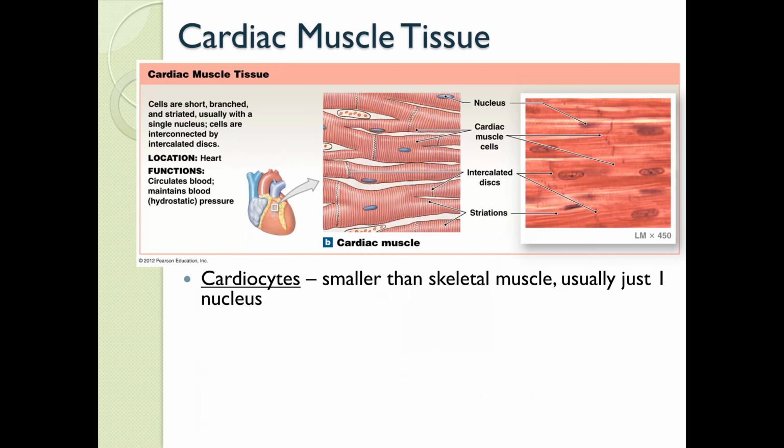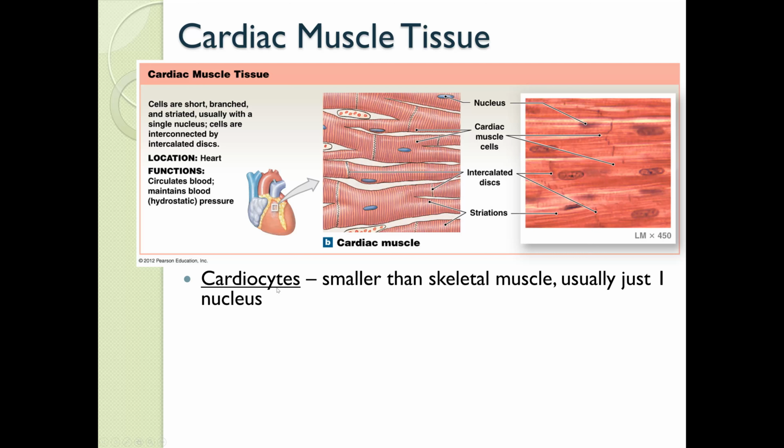The cells in cardiac muscle tissue are short, branched, and striated, and usually have a single nucleus. We're going to talk about the intercalated discs in a second. You can find cardiac muscle tissue in the heart, and it functions to circulate blood and to maintain blood pressure.